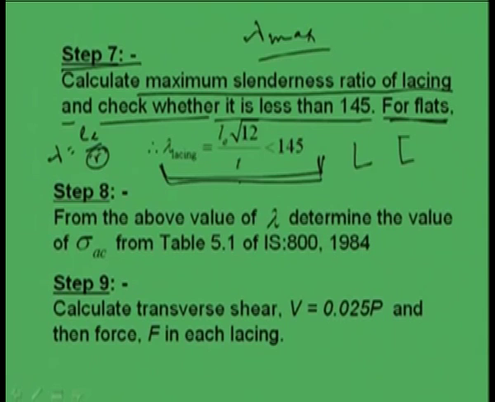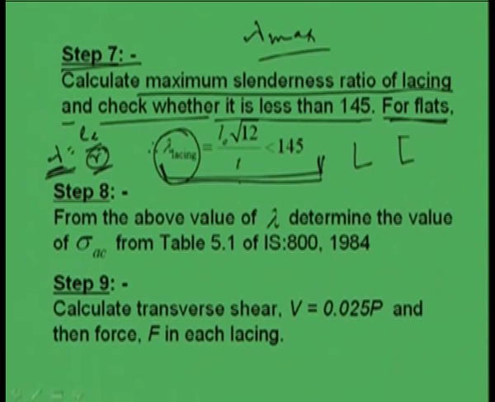For a particular type of section and dimension, the slenderness ratio in different directions has been given. From that, we have to find the minimum radius of gyration, and from that the maximum slenderness ratio, and check whether it is less than 145 or not.